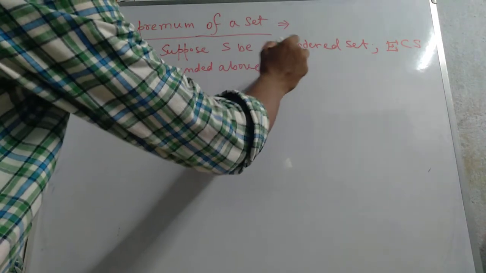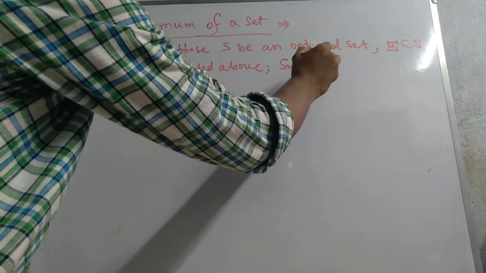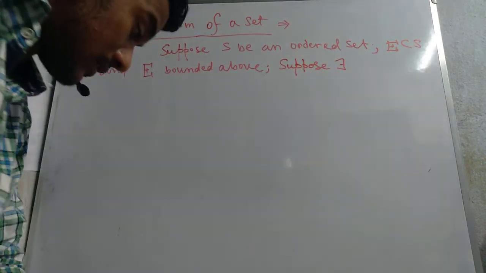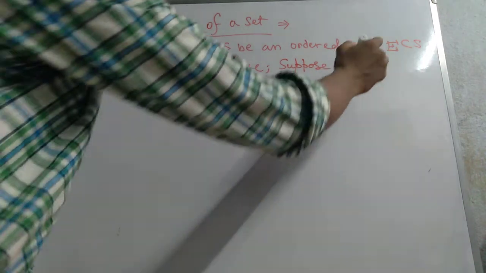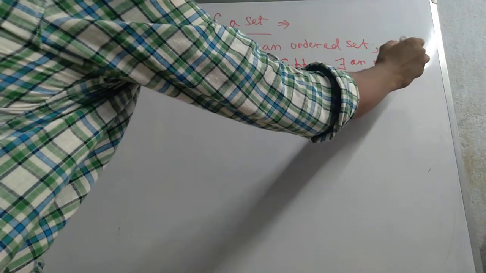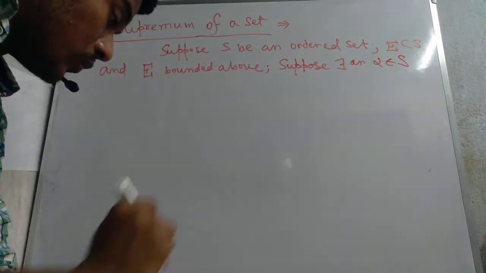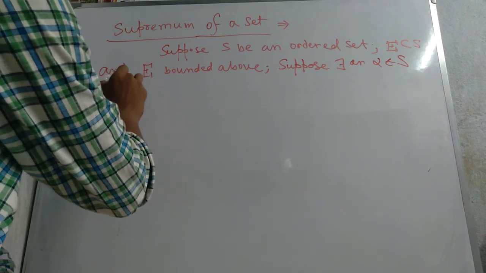That means suppose there exists an alpha belonging to S with the following properties.